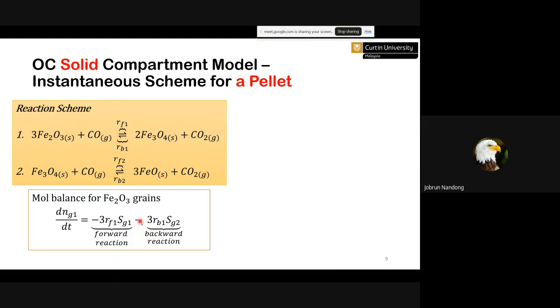Also, this one appears to be consumed by the backward reaction, but actually the backward reaction here is negative. So basically, being negative, they will produce back this one, right? Fe2O3 is supposed to be plus here. However, I just maintain a negative one because I allow this RB1 to be negative. Because negative and negative actually become positive, and this one will produce back Fe2O3.